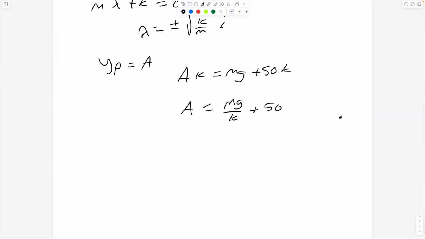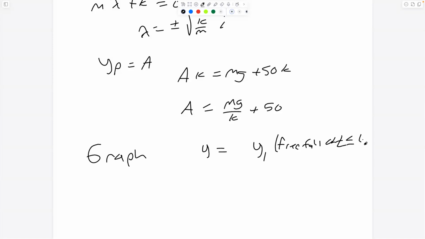Okay, so then we're going to have our new solution. And we're going to graph all this together. We're going to graph a piecewise defined function. So y is going to be that y number 1, the free fall, up until t1. So from 0 up until t1.